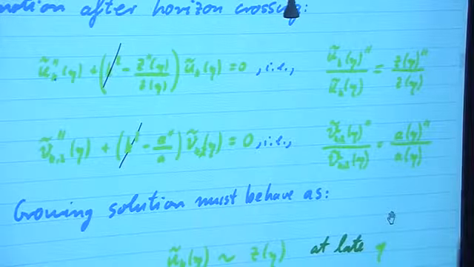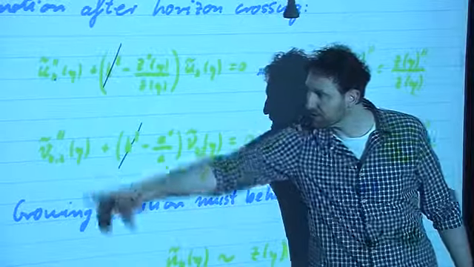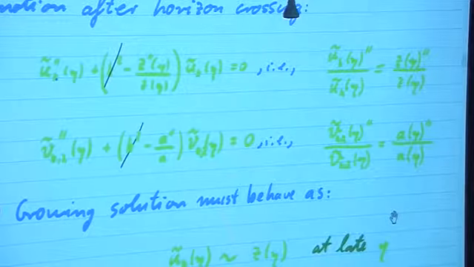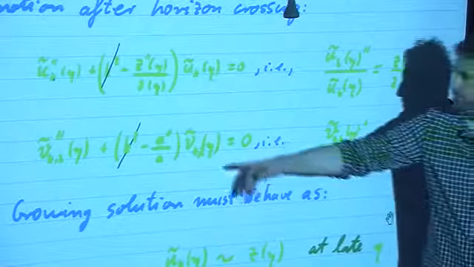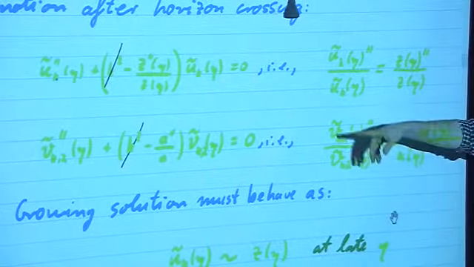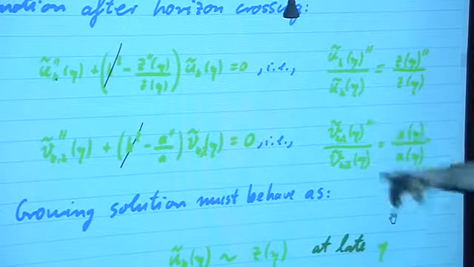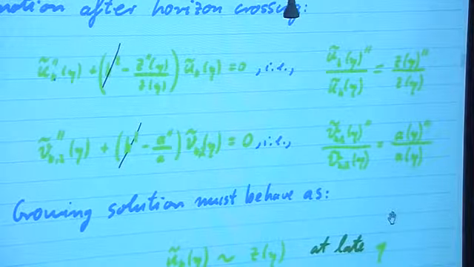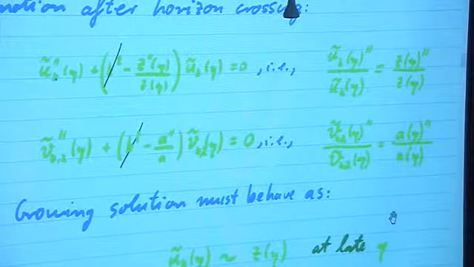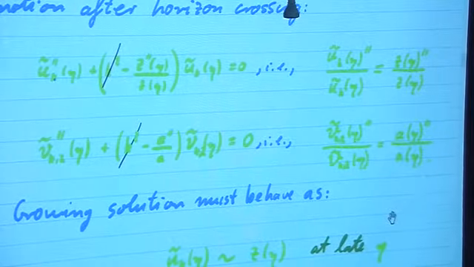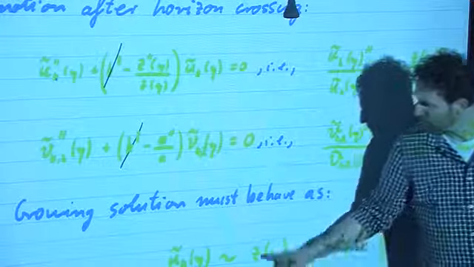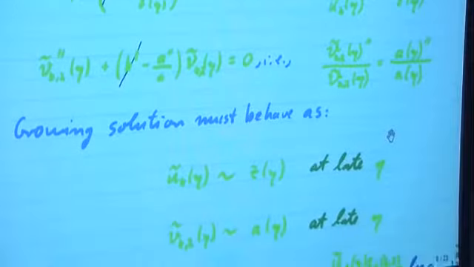And similarly, we can write the equation of motion for the gravity waves. And we obtain that in the limit of late time after horizon crossing, v double prime over v is a double prime over a, which means that they have to behave exactly the same way. So the u tilde has to be proportional to the z, and the v tilde has to be proportional to the a.